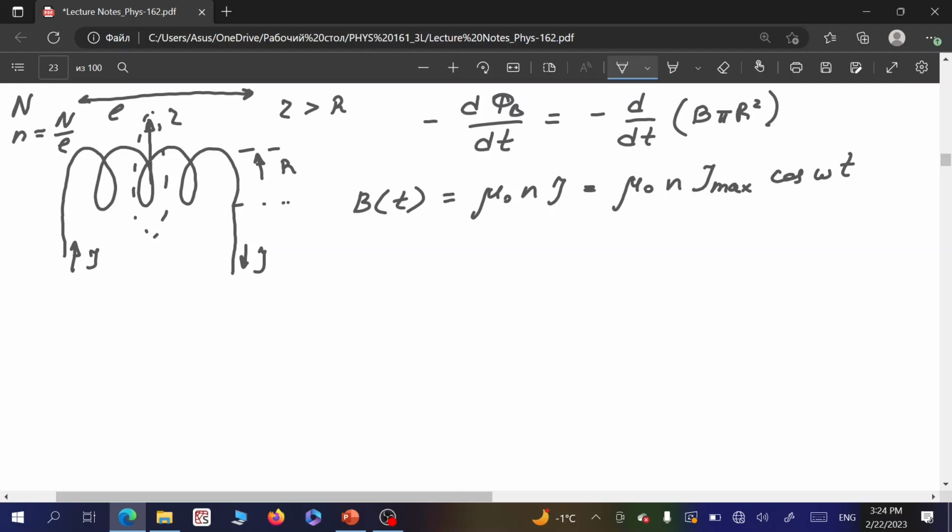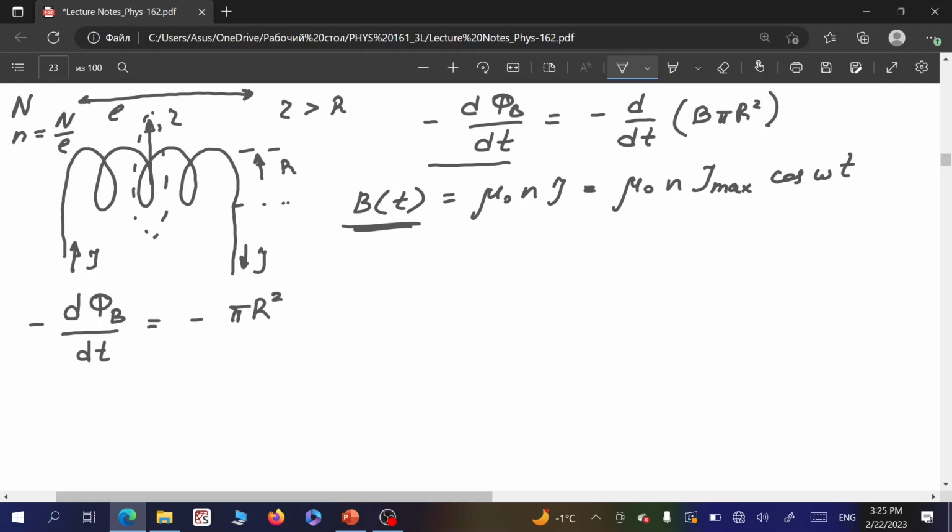So now let us determine the first derivative of magnetic field flux over time. So minus dFB over dt is equal to minus pi times capital R square times first derivative of magnetic field inside the solenoid.